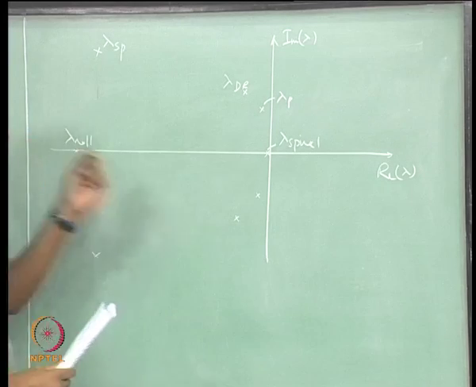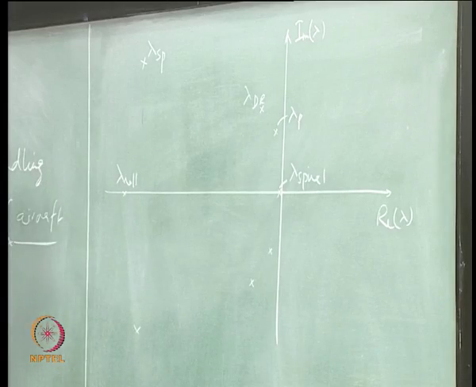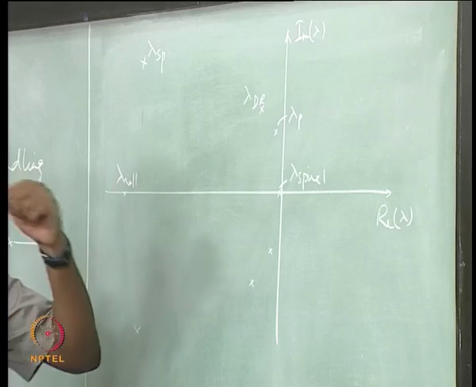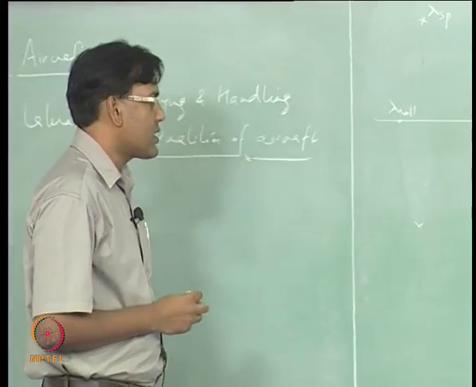So, clearly the real eigenvalues are giving the time constants, and the complex conjugate eigenvalues are giving us the damping and the frequency characteristics.